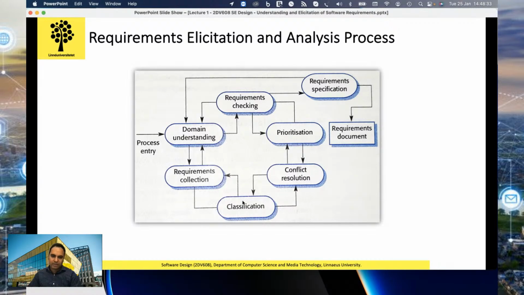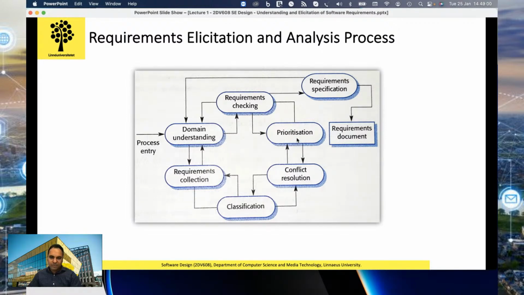So you go back. And once you resolve all the conflicts, your job is to prioritize the requirements, to pick which requirements will be implemented or delivered in this release. And again, similarly, if you find problems in prioritizing the requirements, you go back to the previous steps.